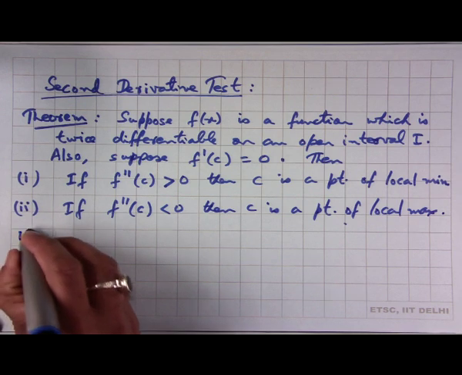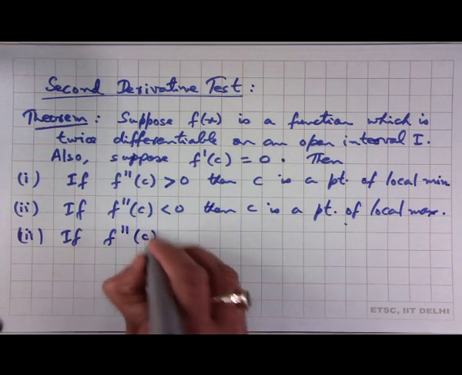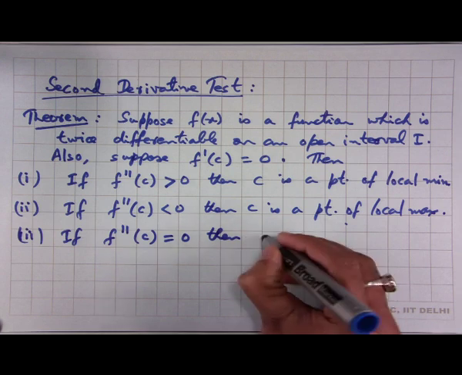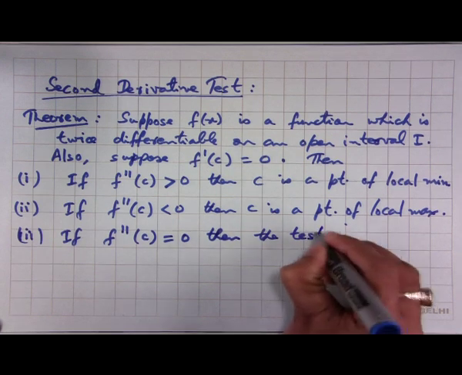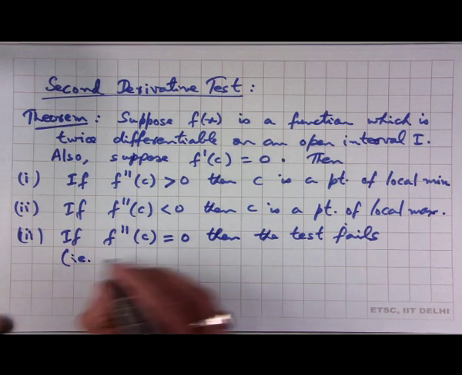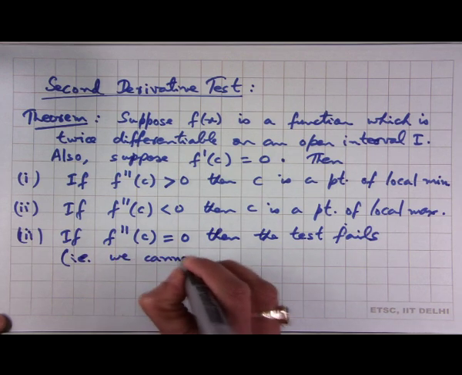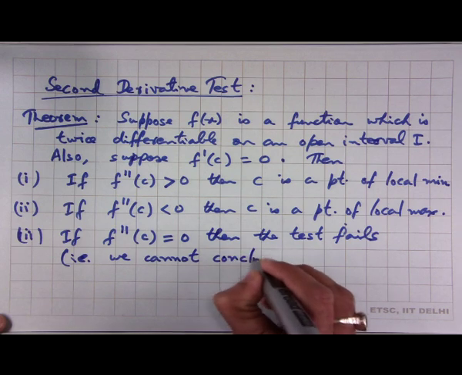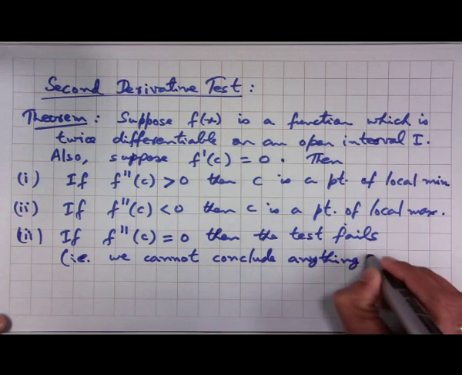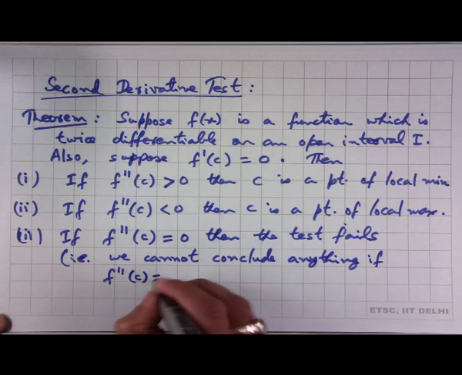And third, if the second derivative at c is equal to 0, then the test fails. That is, we cannot conclude anything if f double prime c is equal to 0.